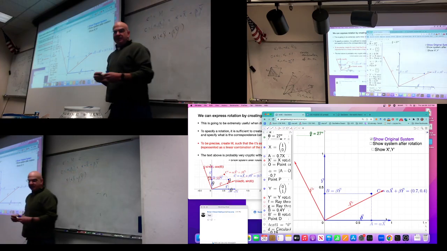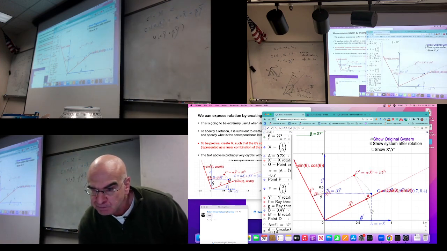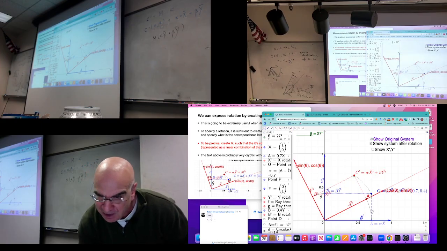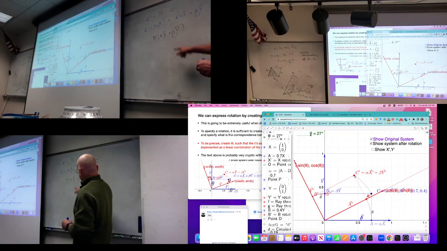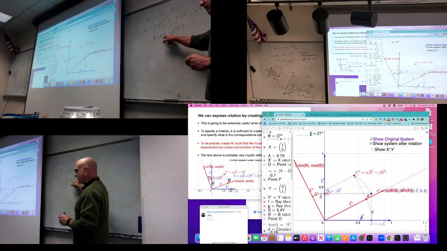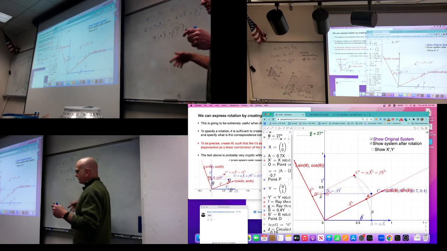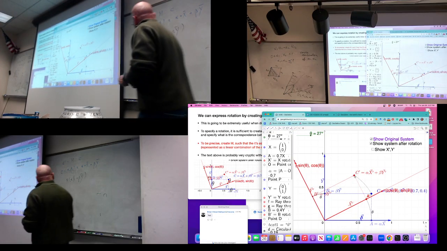I will get C prime, which is a point, not C, but C after this rotation. And this matrix should not depend on what alpha and beta are. It's one matrix that depends just on by how much I rotate, what is theta.